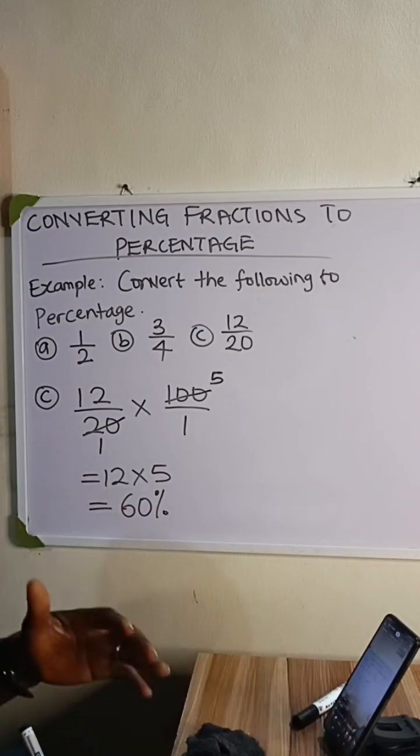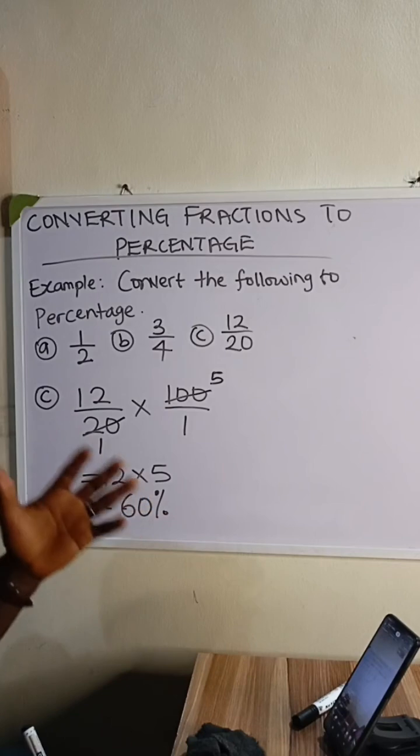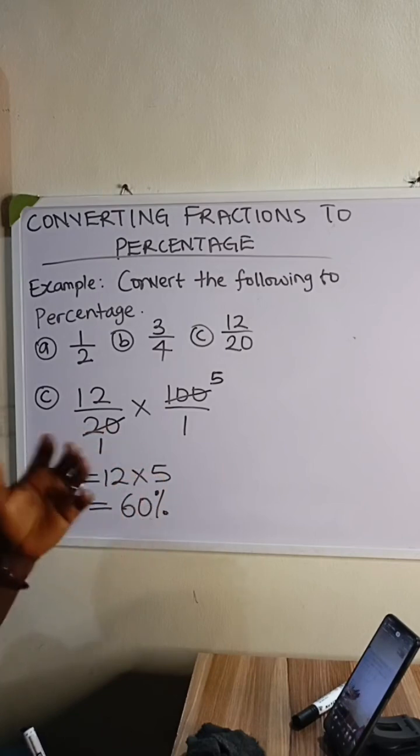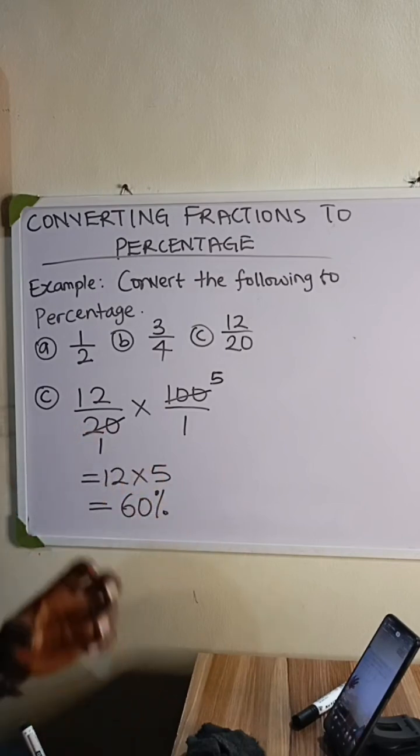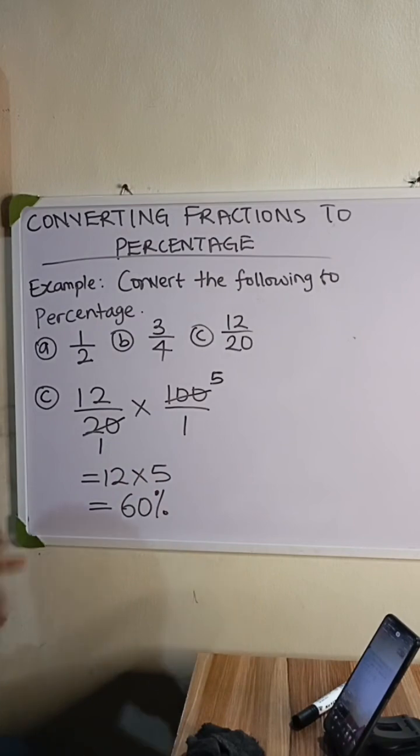When converting from fractions to percentage, you multiply by 100. When converting from percentage to fractions, you are going to divide by 100. So let's do that.